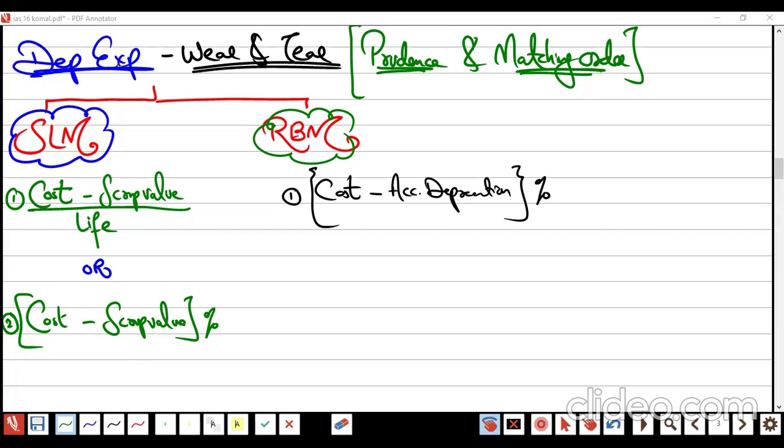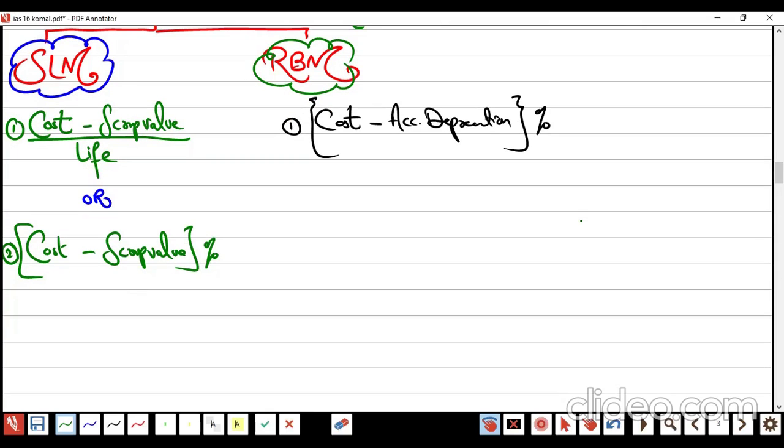I will write an example. This is a very basic example, but depreciation is going to be part of your exam because assets will appear in the question paper. So definitely if assets are there, depreciation needs to be computed. I will write a very basic question. I am giving you a cost of 100,000.